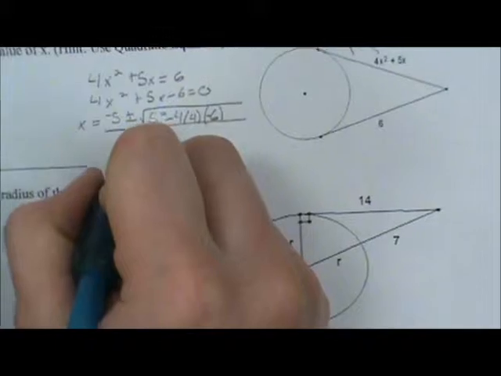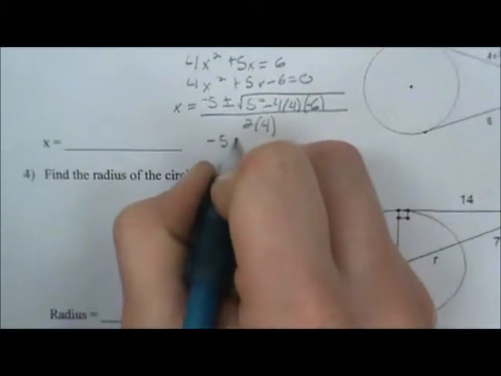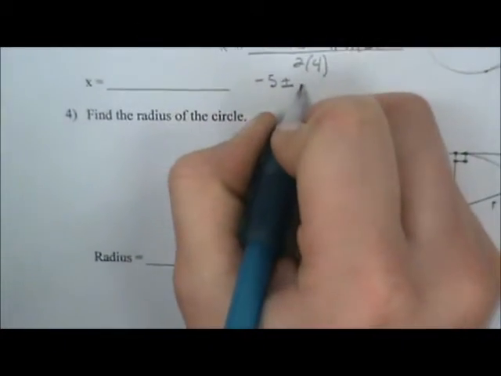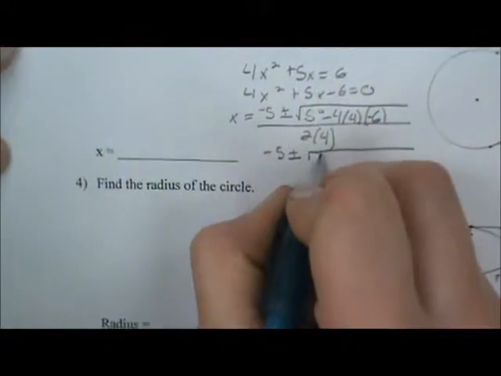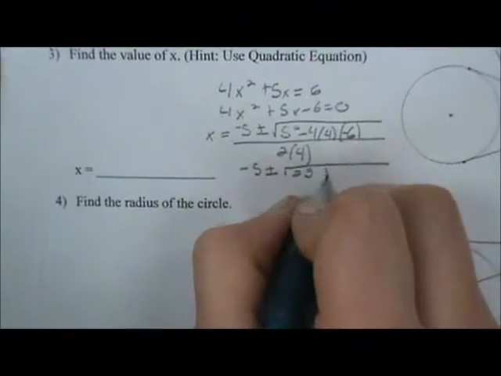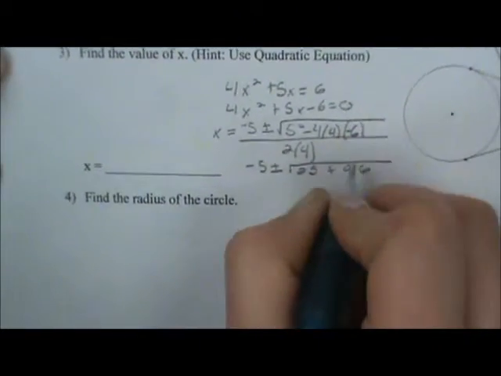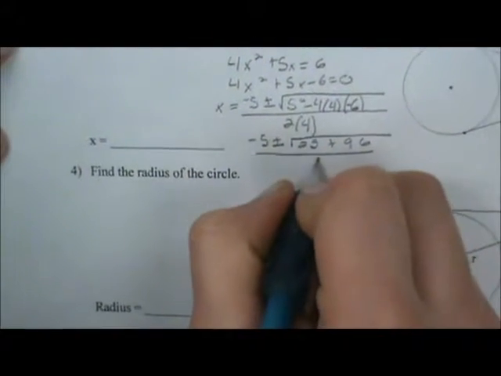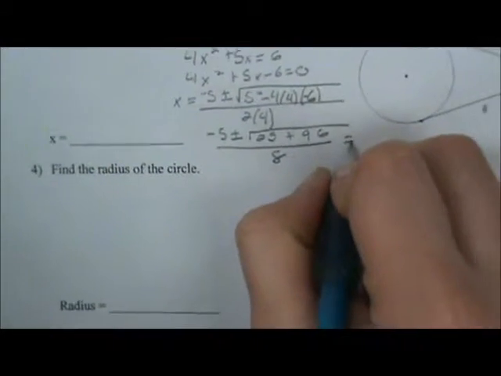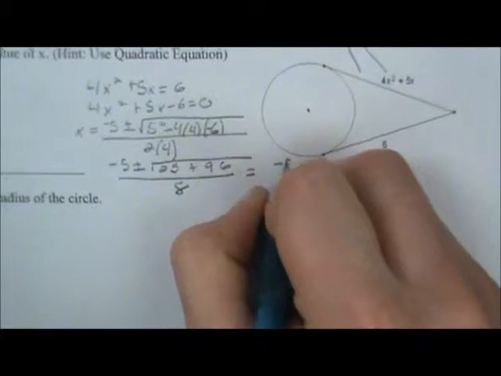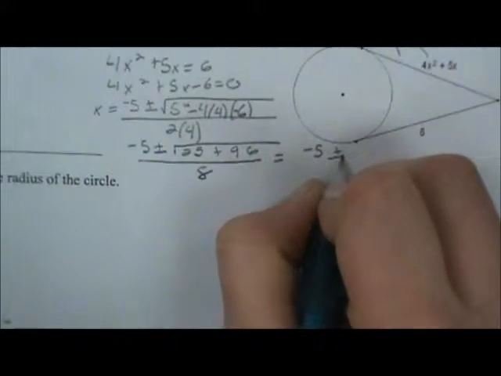Simplifying, we have negative 5 plus or minus the square root of 25 plus 96, all over 8. And simplifying even more, we have negative 5 plus or minus the square root of 121 all over 8.